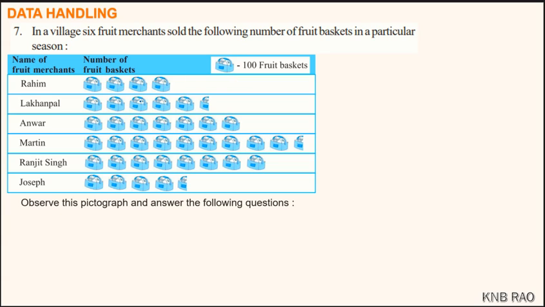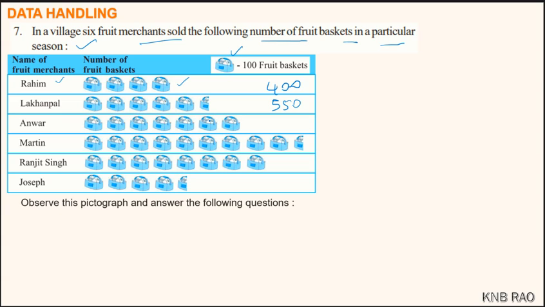In question number 7, in a village 6 fruit merchants sold the following number of fruit baskets in a particular season. So, Rahim is selling here, each basket represents 100 fruits, that means Rahim is selling 400 fruits, whereas Lakhanpal has 1, 2, 3, 4, 5 full figures and half a figure, it is 550, because half a figure I will consider half of 100, which is 50.